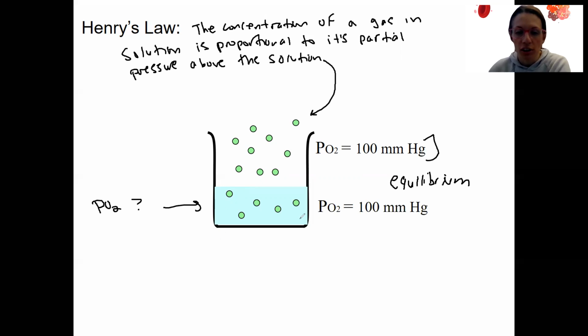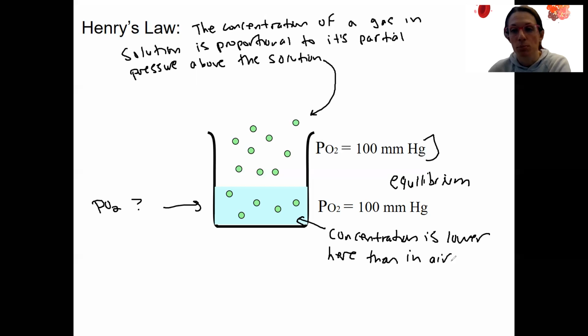So concentration here will be lower because oxygen solubility is low in water. And this is why we look at partial pressure gradients, not concentration gradients of gases. Because when we're looking at solutions, solubility is a significant factor.